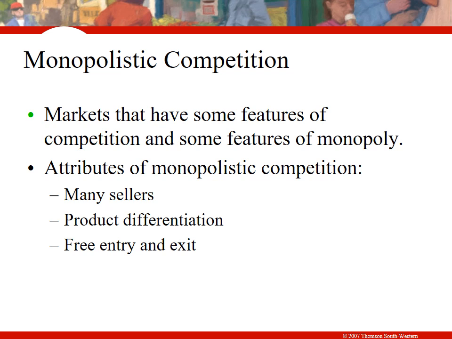The attributes of a monopolistic competition market structure are, number one, there are many sellers. Number two, there's product differentiation. And then number three, and this one is key and very important, it will separate it from monopoly and from an oligopoly and make it more like a perfect competition market structure: there is free entry and exit.